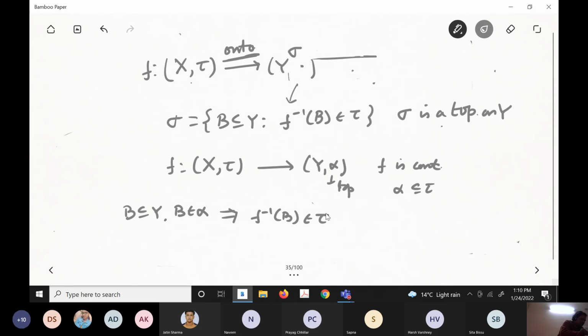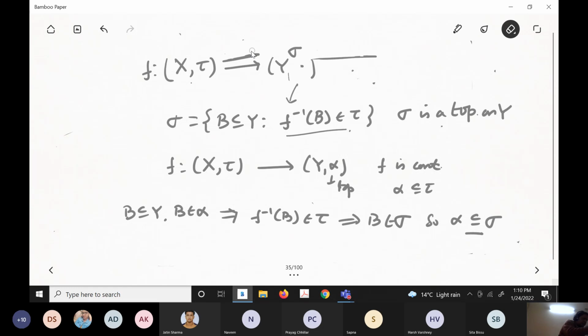I will come to that. I thought. But f inverse B belongs to tau, and exactly by this condition, it means B belongs to sigma. That means that is so. This one, now you don't need it. So this is the thing.